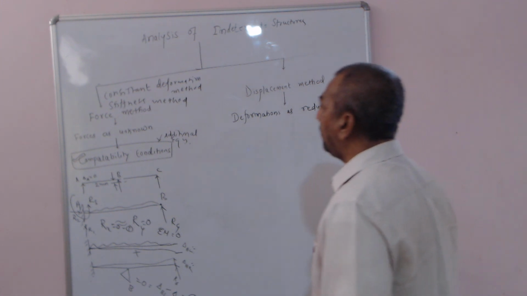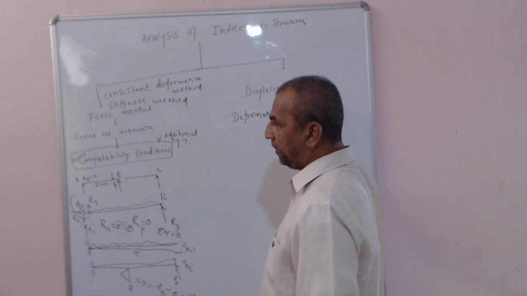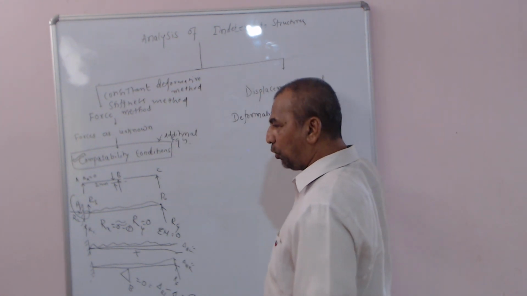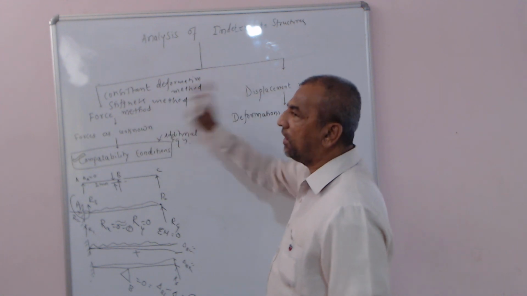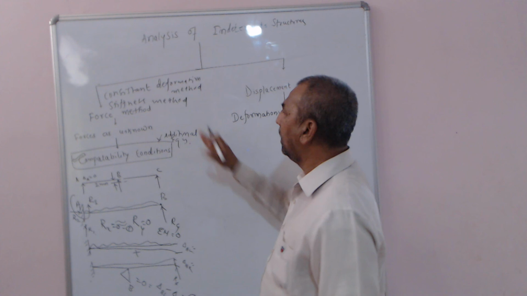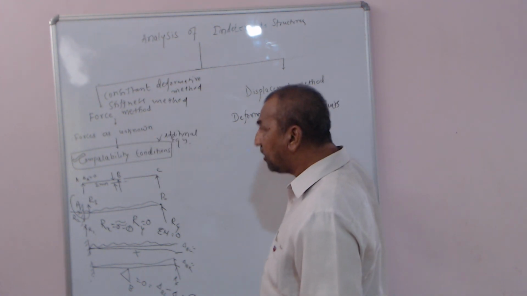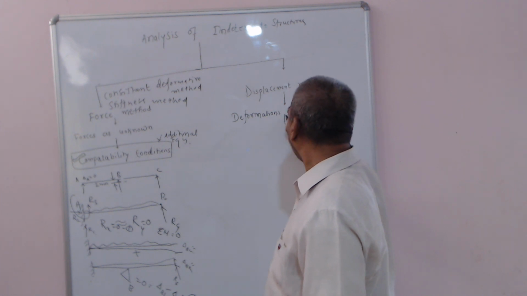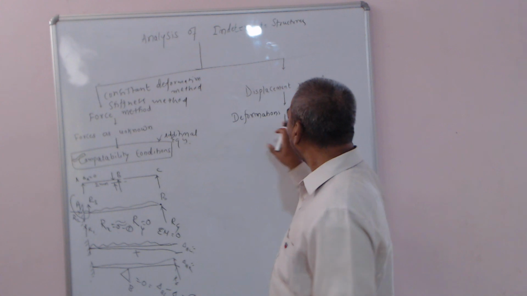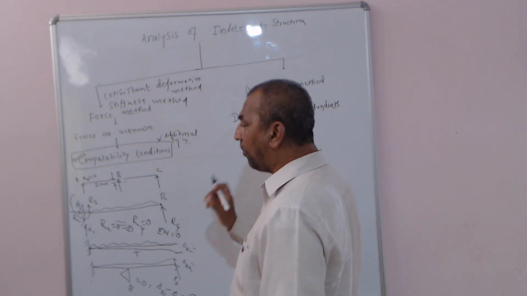Yes, friends, you know as civil engineers, there is an interlink between the force and the displacement. If the action is known to you, you can get the reaction. If the reaction is known to you, you can get the action. Both are interlinked with each other. Here he is taking the force as unknown. Here he is taking the displacement as unknown. Here he is using the compatibility conditions. Here he is using the additional equilibrium equations, equilibrium of the joints.